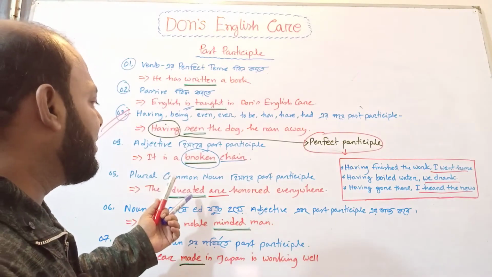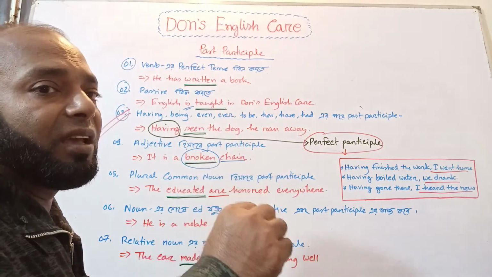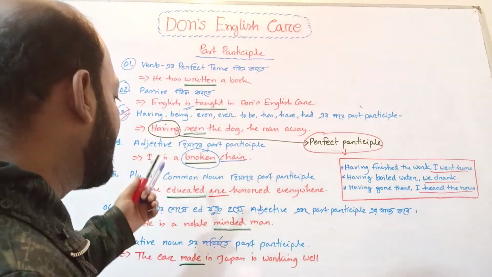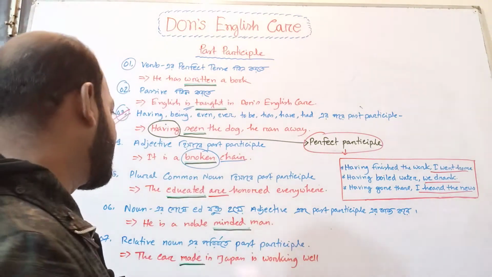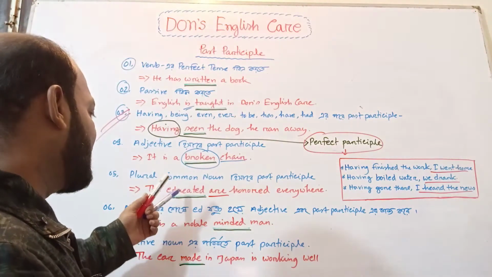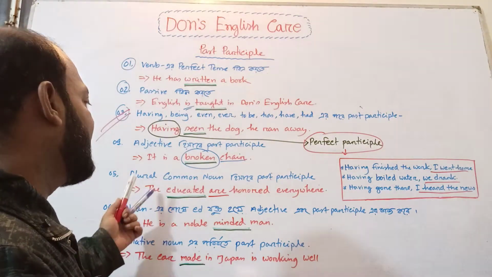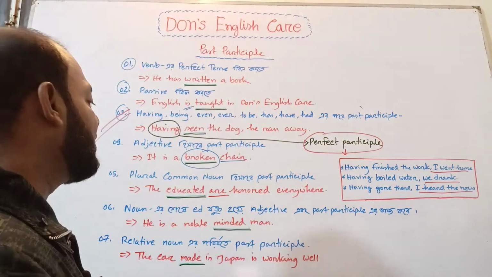Before verb 3, when there is an article, it carries the plural meaning, as in Bangla. So the educated are honored everywhere. We can call it a plural common noun because before verb 3 we see an article, and it means a plural meaning.